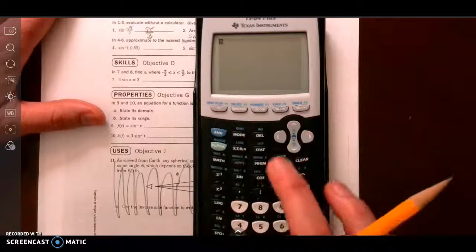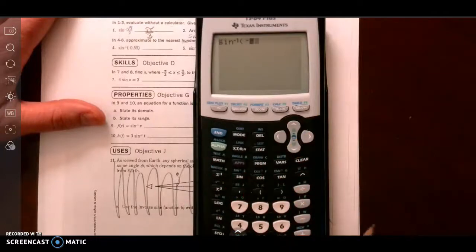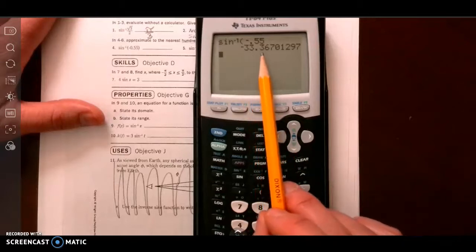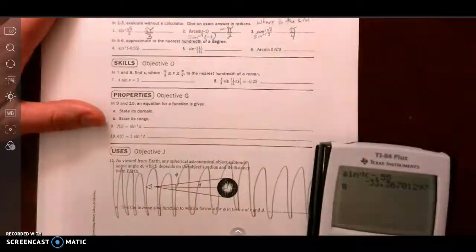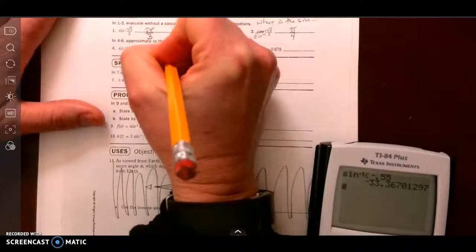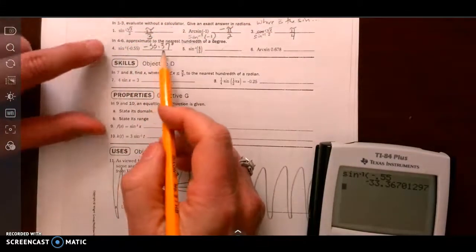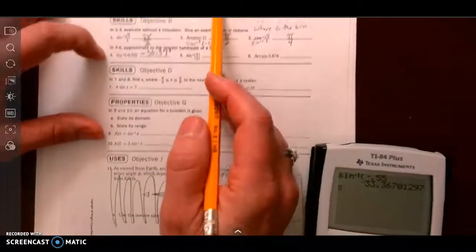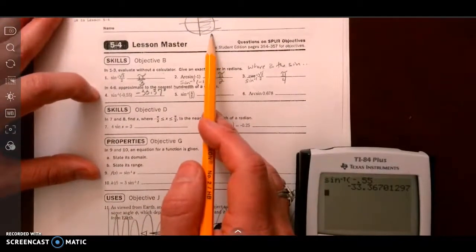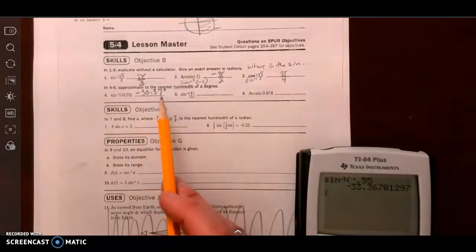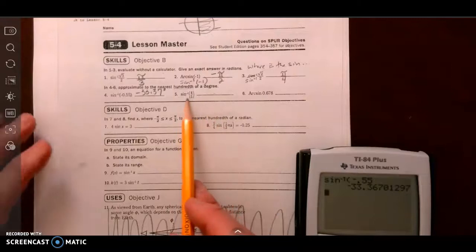So inverse sine negative 0.55, and I get negative 33.37 degrees, which makes sense. It's a negative sine, so it's going to be in the negative quadrant. So it's negative 33.37 degrees.